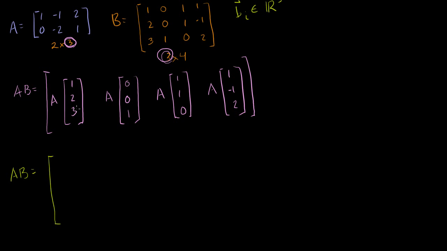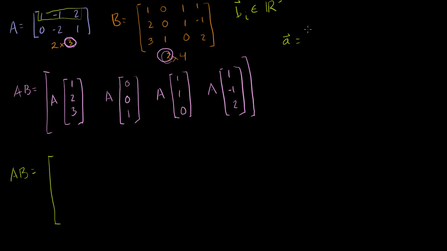And how did we define that? Remember, one way to think about it is that you can think of it as each of the rows of A dotted with the column here of B. Or even better, this is the transpose of some matrix. Let me write it this way.